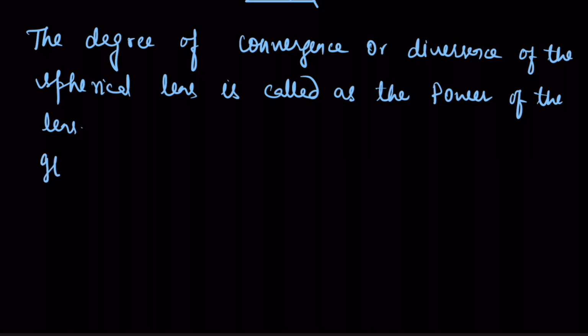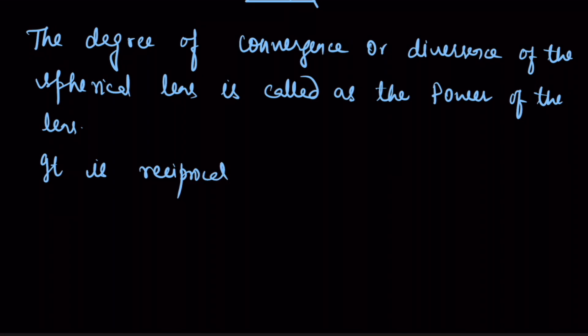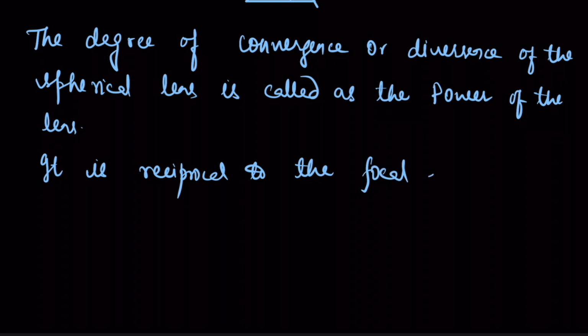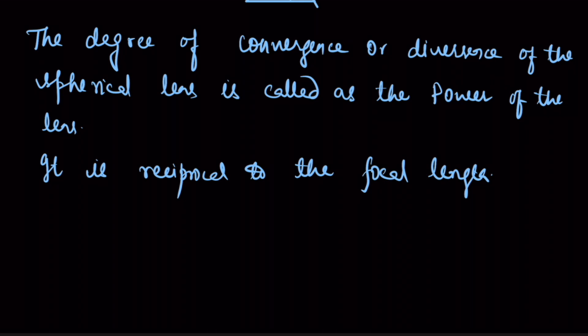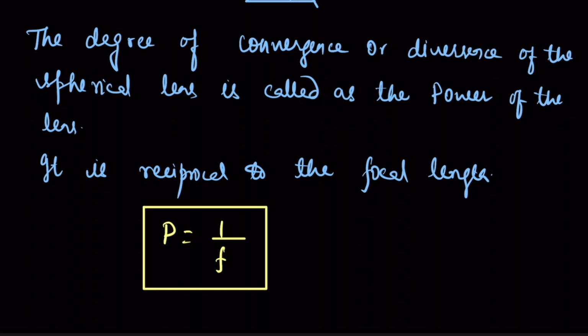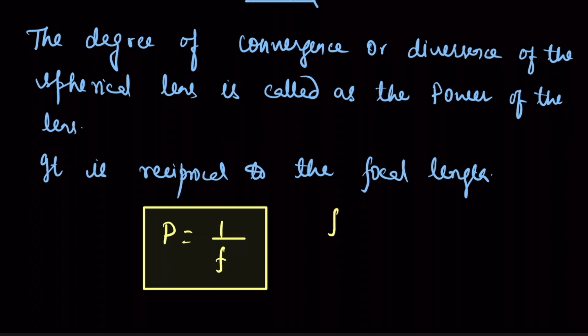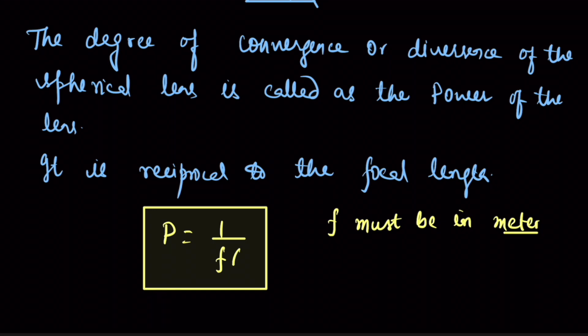It is reciprocal to the focal length. The formula for the power of a lens is P equals 1 by f, where f is the focal length. And one thing always remember, f must be in meters. It means we are using f in meters.